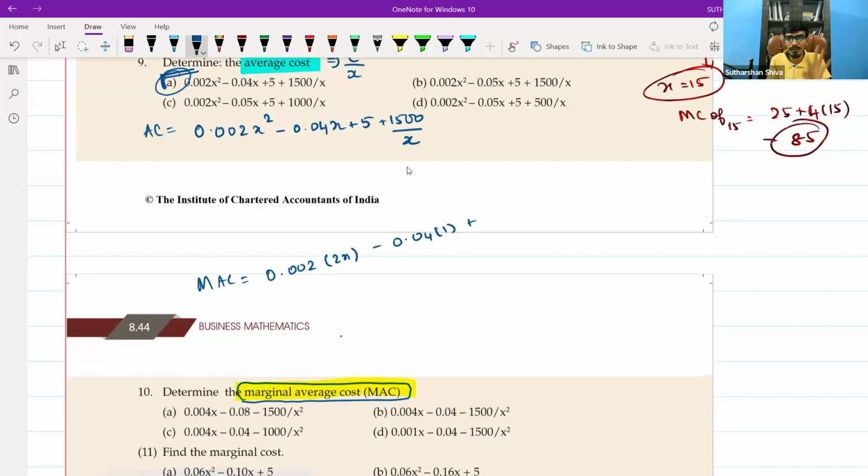Constant, if I differentiate, will become 0. Then here 1500 into 1 by x; if I differentiate 1 by x, it will become minus 1 by x square.